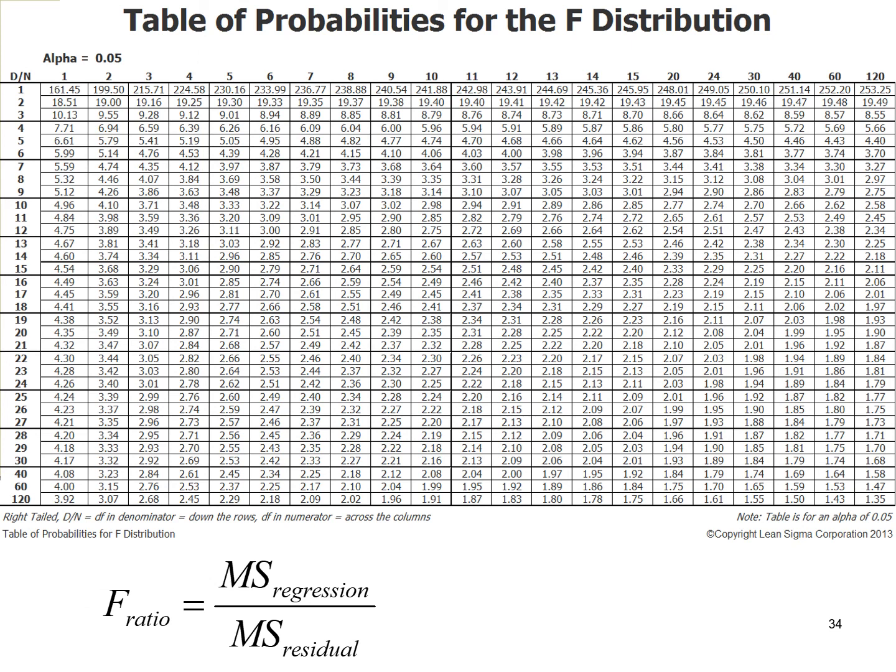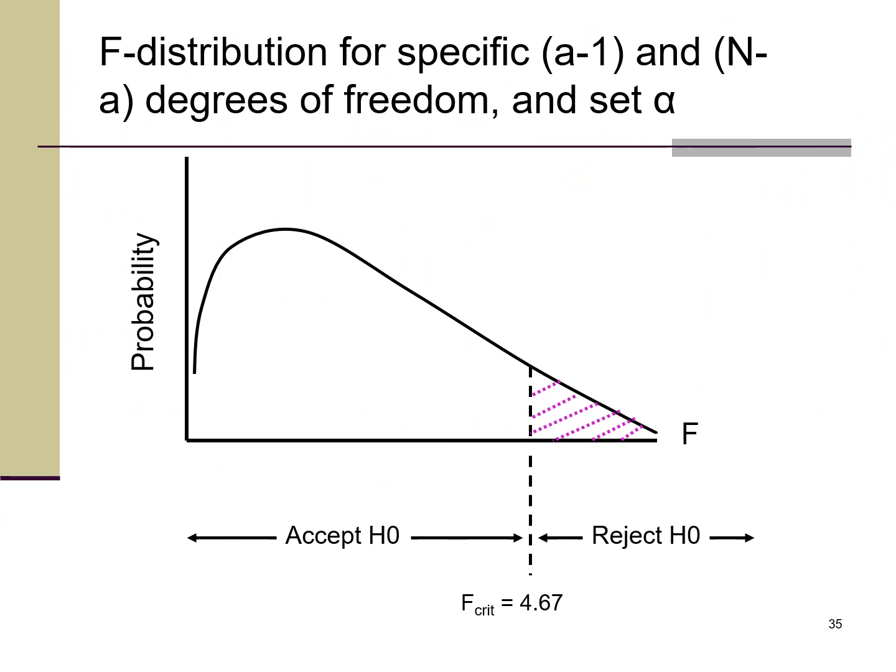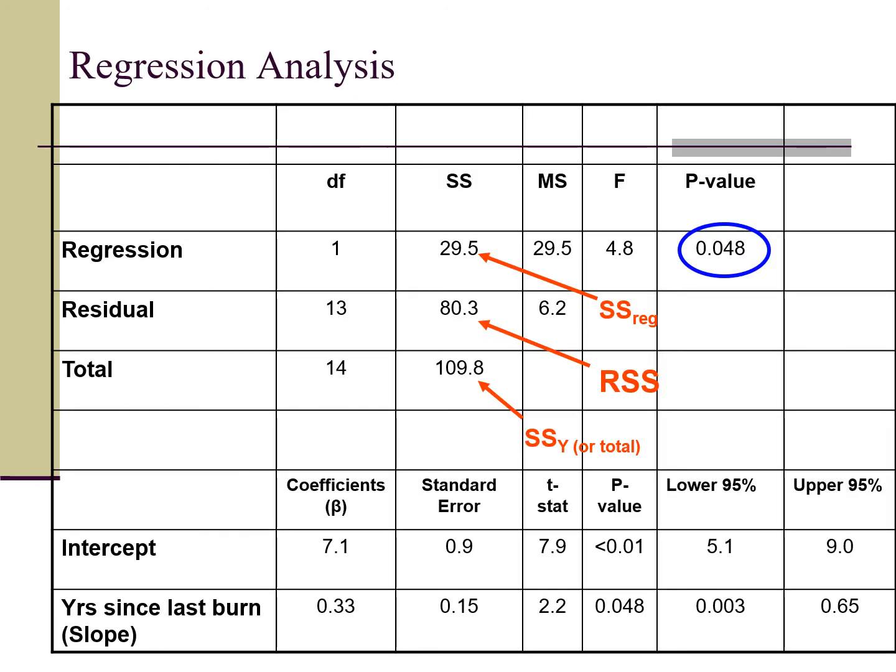We would use the same technique, I mean, well, if we were doing this, which we're not because the software is, to calculate an F ratio, find the critical value in the table, which in this case is 4.67, and our F value is greater, therefore we could reject the null hypothesis that there is no relationship between your X and your Y variable, as shown here.